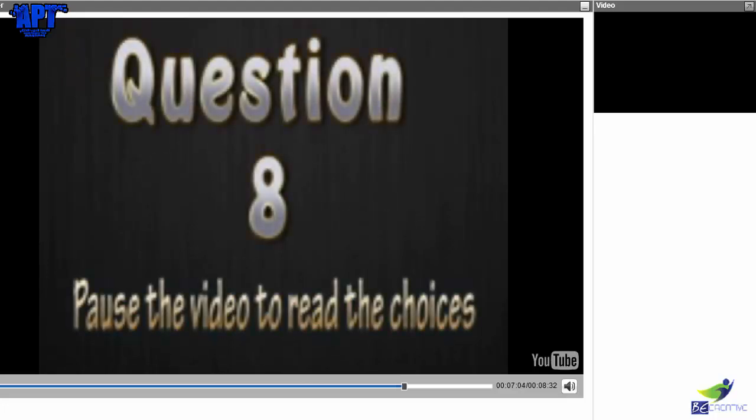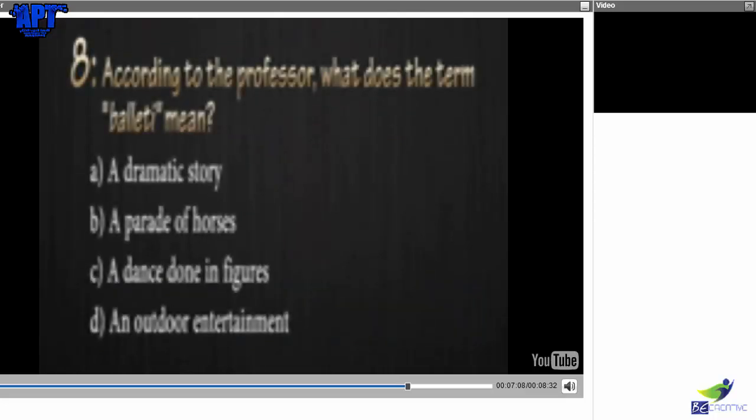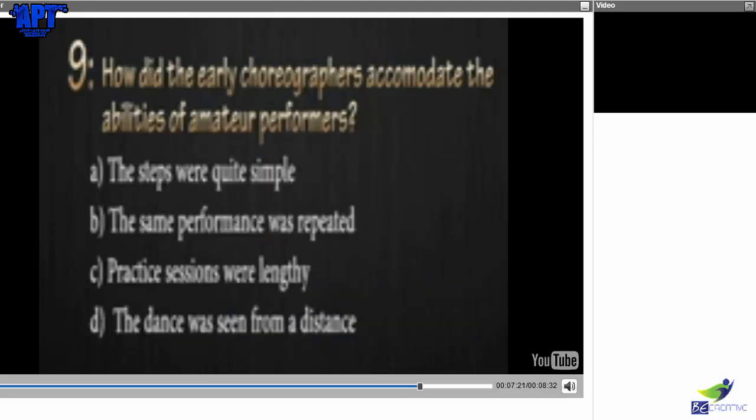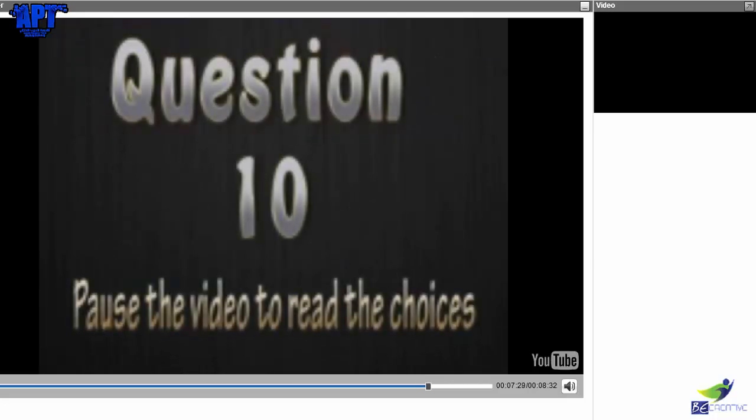According to the professor, what does the term balletti mean? 9. How did the early choreographers accommodate the abilities of amateur performers? 10.